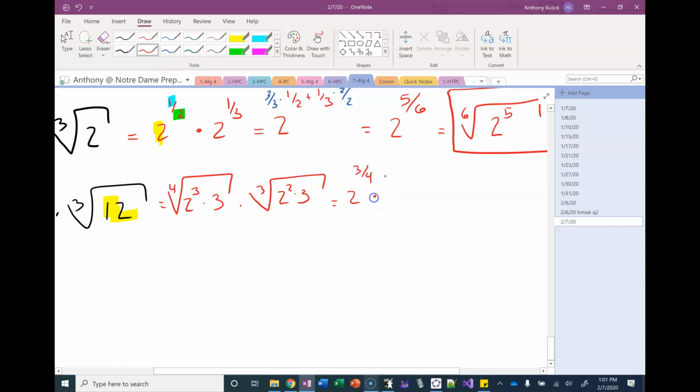That's 2 to the 3/4. I also have the 4th root of 3 to the 1st, so that's 3 to the 1/4. I have the 3rd root of 2 squared, so that's 2 to the 2/3. And I have the 3rd root of 3 to the 1st, so that's 3 to the 1/3. Is everybody okay there?